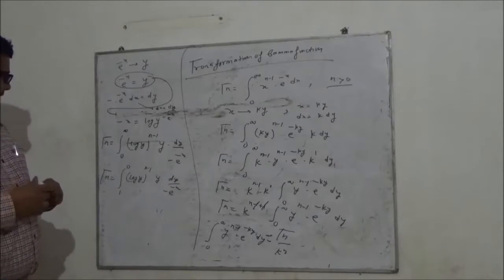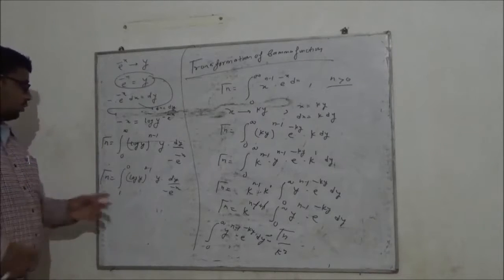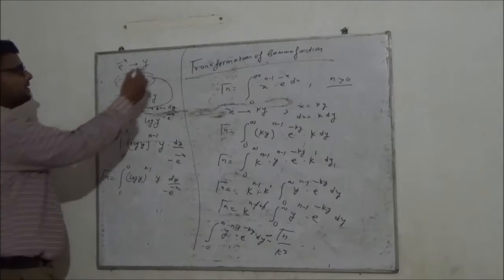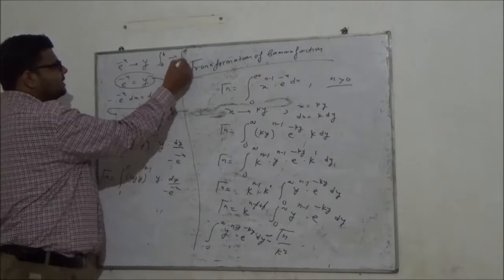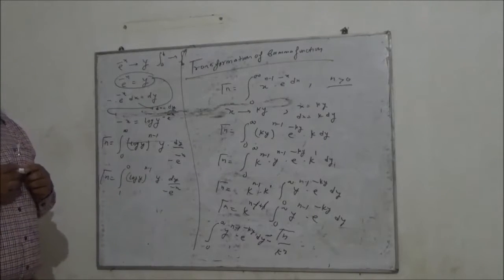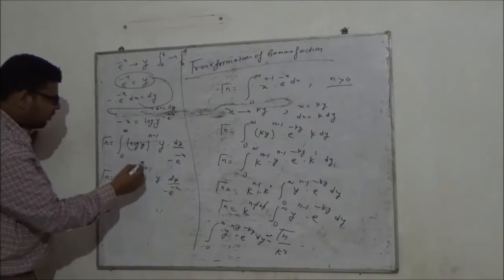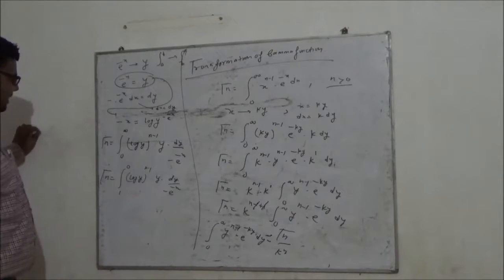Now you can see that the lower limit is higher and the upper limit is lower. If we replace limits a to b with b to a, then the negative sign is replaced by a positive sign. This is a property of definite integrals. So I already have a negative sign here.